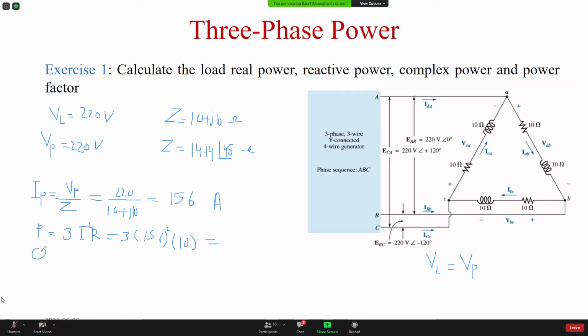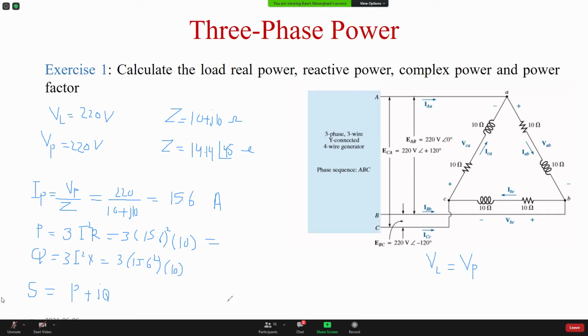Then the question says the real power, reactive power, complex power, and power factor. Q is 3 I squared X, so 3 times 15.6 squared. X is 10 as well, happens to be the same. Then the complex S, complex power, is P plus JQ.